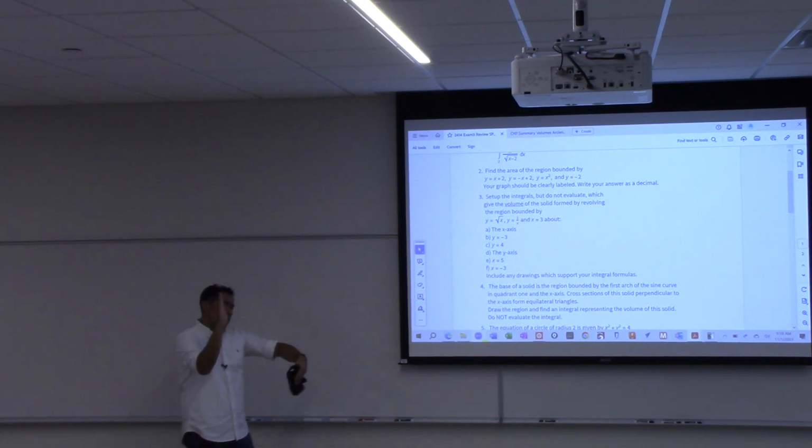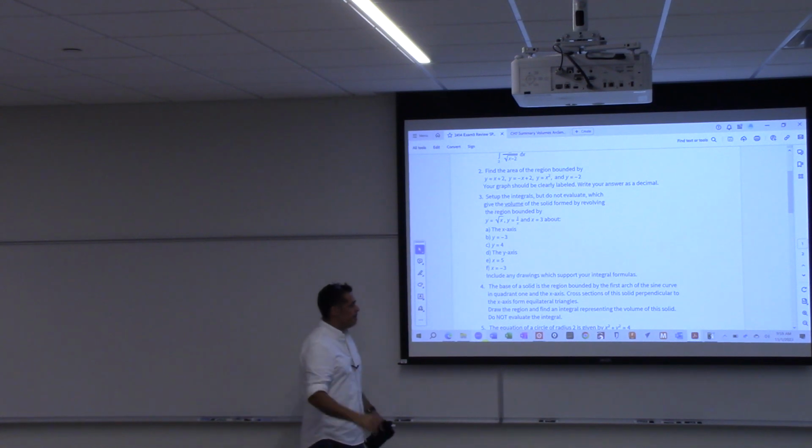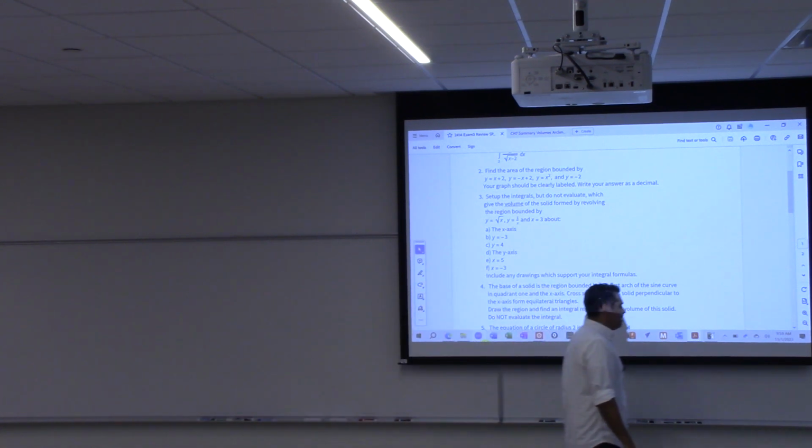And if you have a vertical axis of rotation, then you're going to want to use shells. I would always say what dictates it is what your rectangle needs to be. Your rectangle in the region, if that's a vertical rectangle, that dictates everything. If it has to be horizontal, like the bonus question with the sine going up the y-axis, there you have really no choice but to use horizontal rectangles. No choice, right?